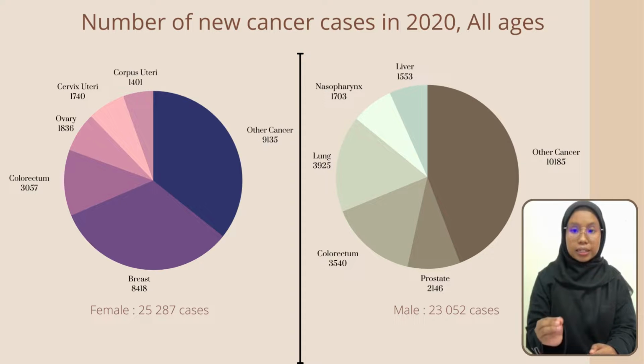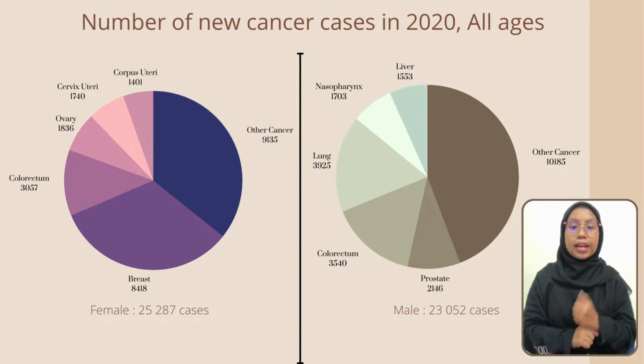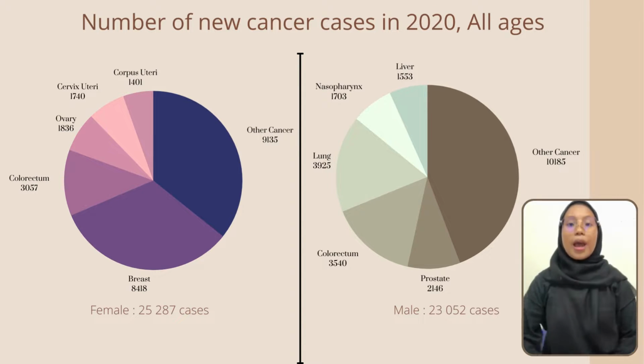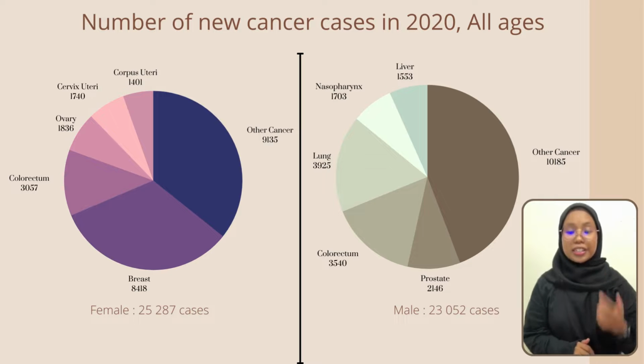Both cancers, corpus luteum and cervix uterine, have a difference of 55.40% in 2020.